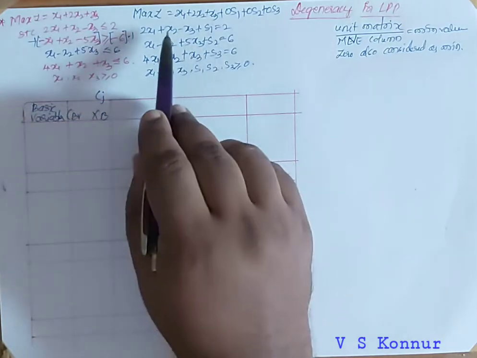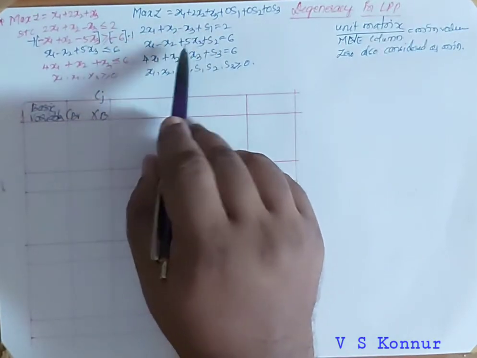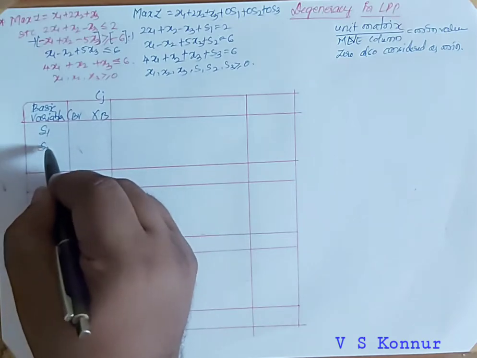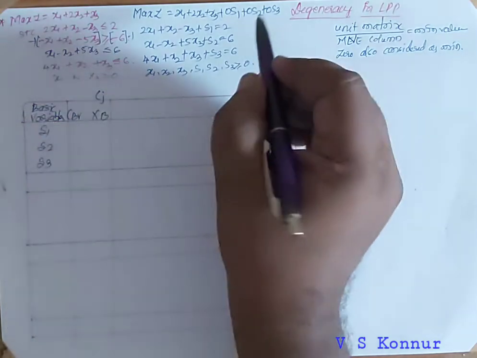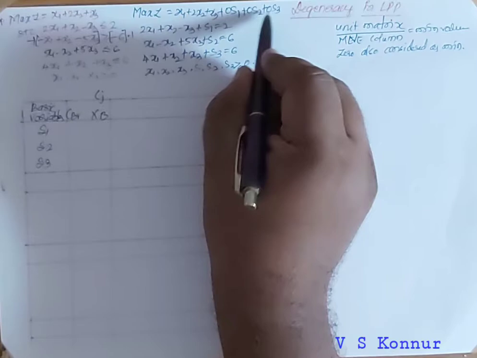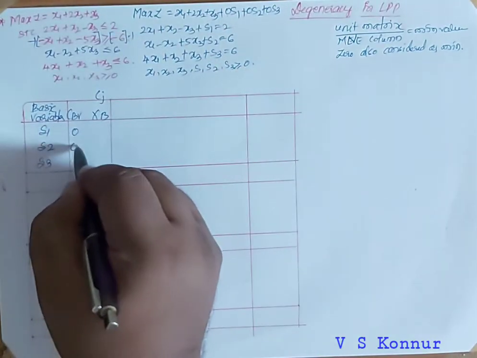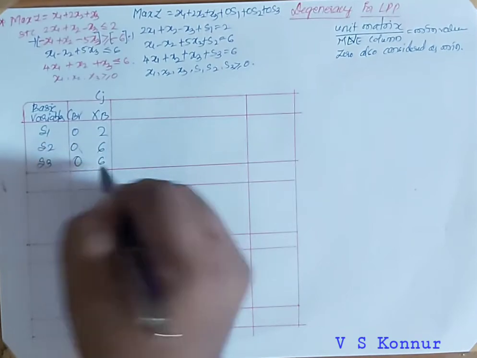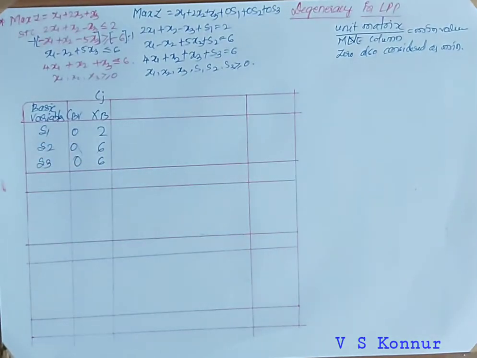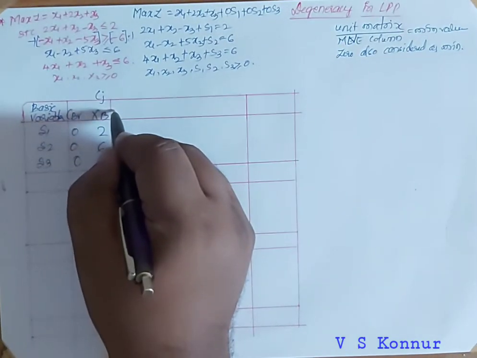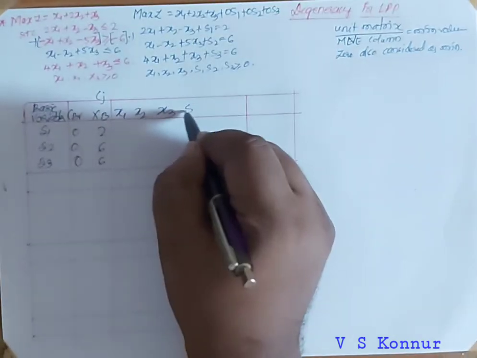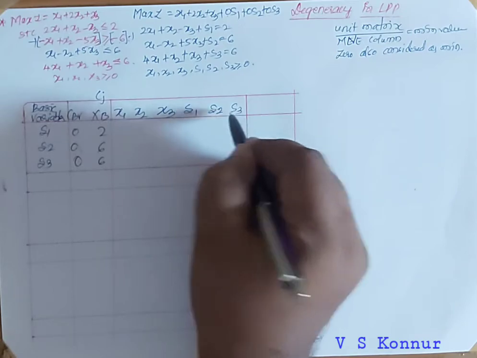Basic variables are nothing but, for the first constraint s1, second constraint s2, third constraint s3. The slack variables will become basic variables having 0 as coefficient in the objective function. The xb's are nothing but the right hand side: 2, 6, 6. Then we should write x1, x2, x3, s1, s2, s3.